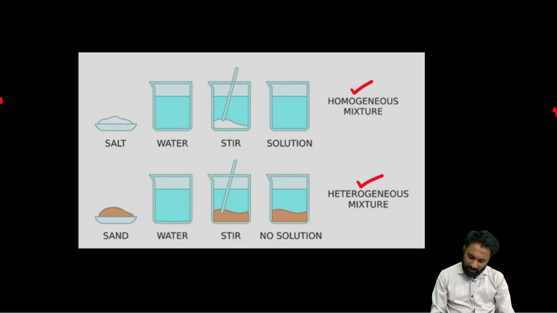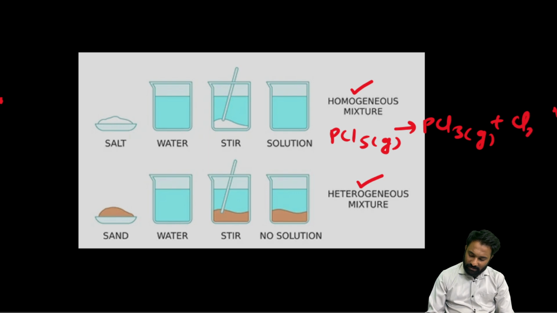Clear? Now you can see what is the meaning of a homogeneous mixture and what is the example. Let's take a well-known example, that is PCl5. PCl5 gas is converted into PCl3 gas plus Cl2 gas. Clear? You can see uniformly all the phases are the same.